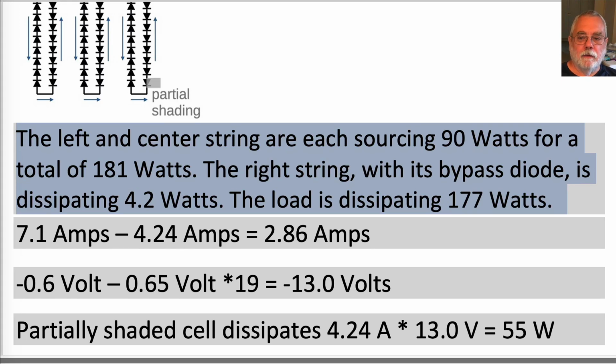The bypass diode has reduced the power dissipation in the partially shaded solar cell from 98 watts to 55 watts, which reduces the local heating of the hotspot. The bypass diodes have more than doubled the power to the load in this example and nearly halved the undesirable hotspot power dissipation in the partially shaded cell.